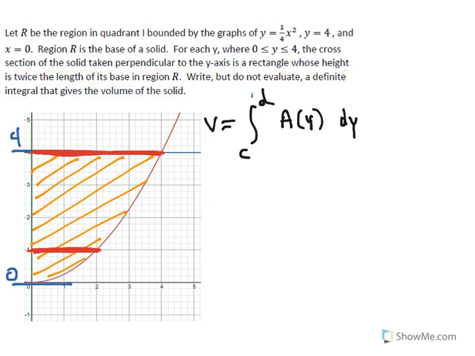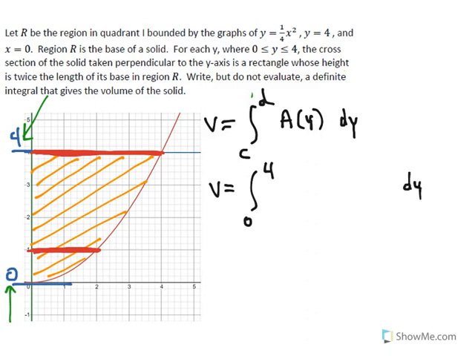We can begin to write our definite integral by recognizing what the limits of integration should be. We're starting at the very bottom of this region at y is equal to 0 and going to the very top of this region at y is equal to 4. So the limits of integration will be from 0 to 4. We are integrating with respect to y.